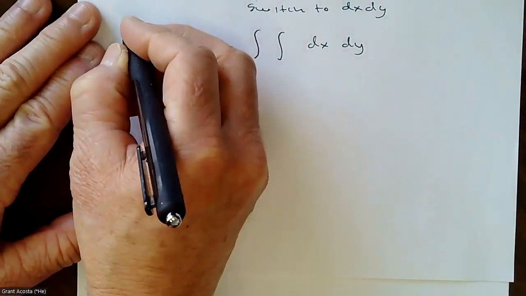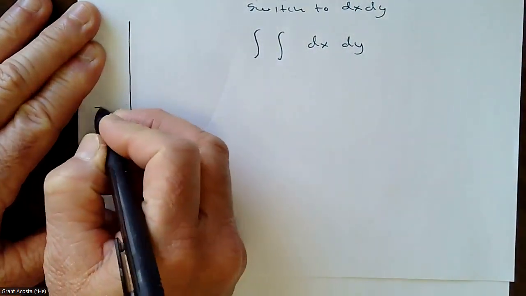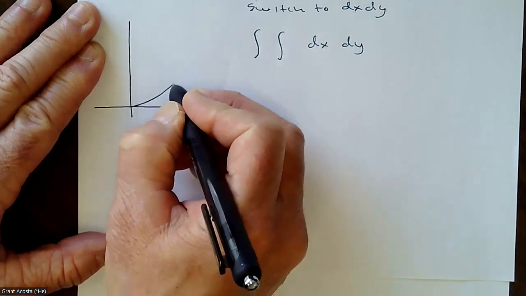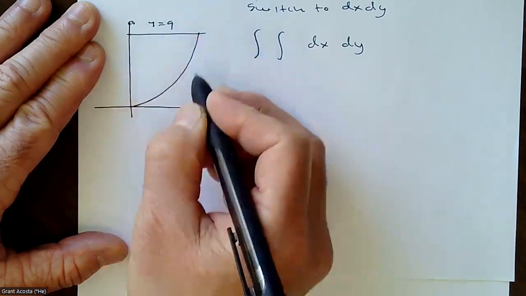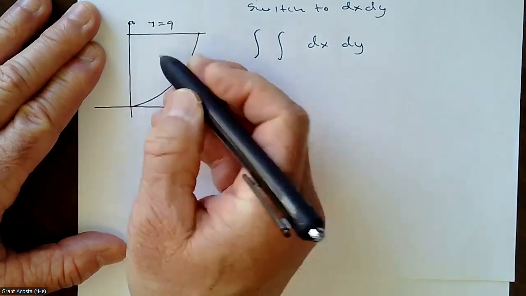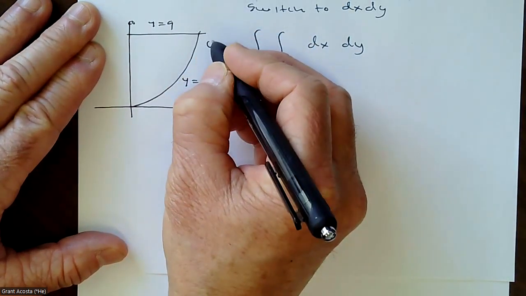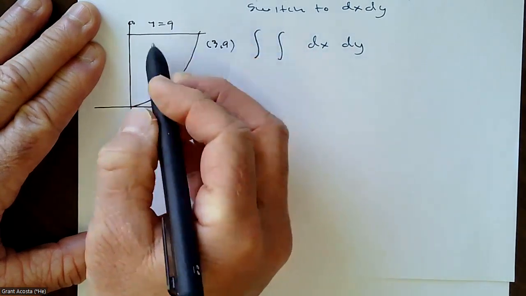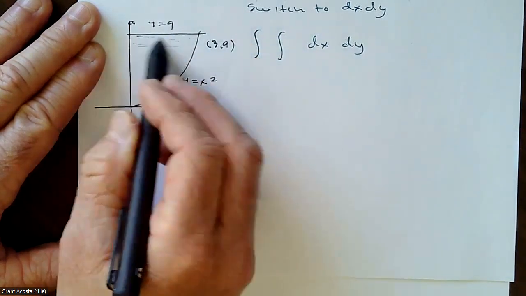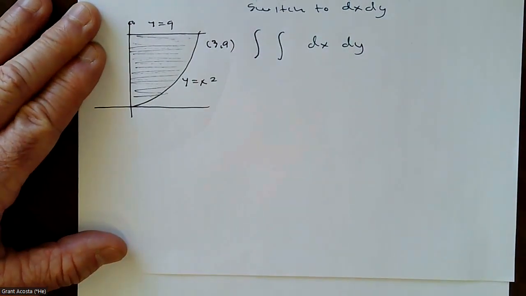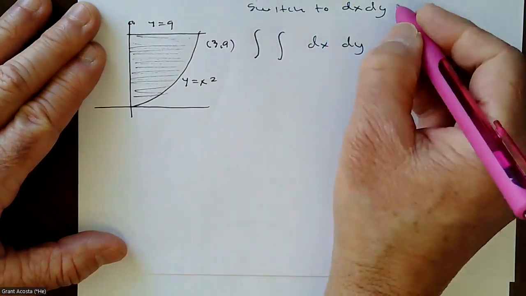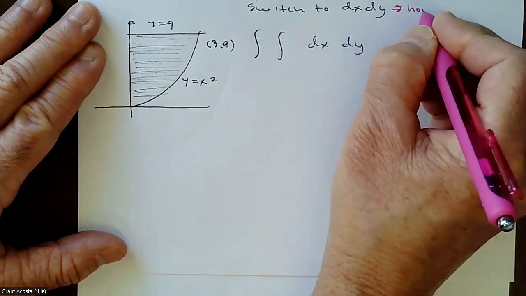Now that we know our region of integration, here was y equals 9, here was y equals x squared. Recall that this would be 3, 9. Our region of integration was just this part right here from what we did up above. But now I'm switching to horizontal rectangles.